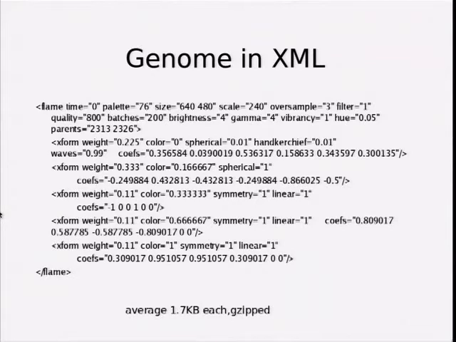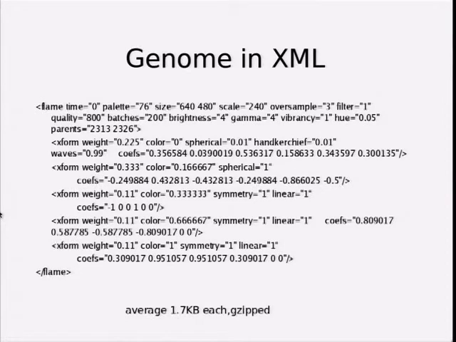So the genetic code gets stored and communicated in an XML format, which is pretty arbitrary. And it has all the parameters for the coefficients written down here. On average, these genetic codes are 1.7 kilobytes each.